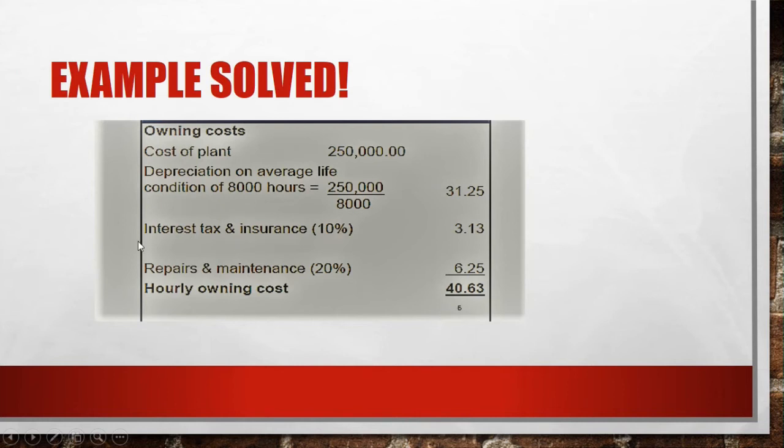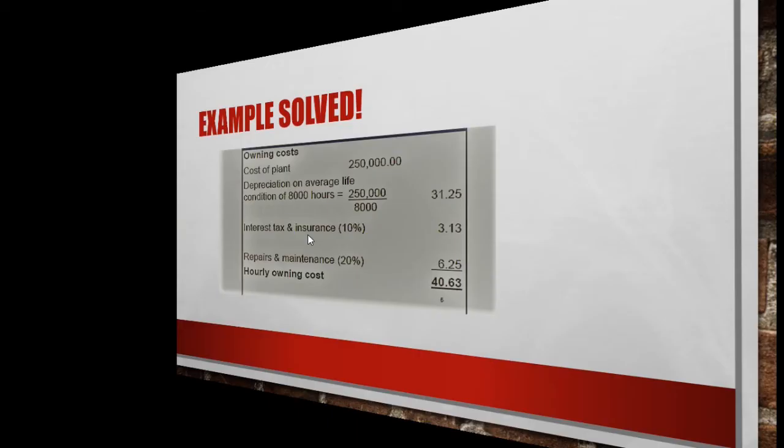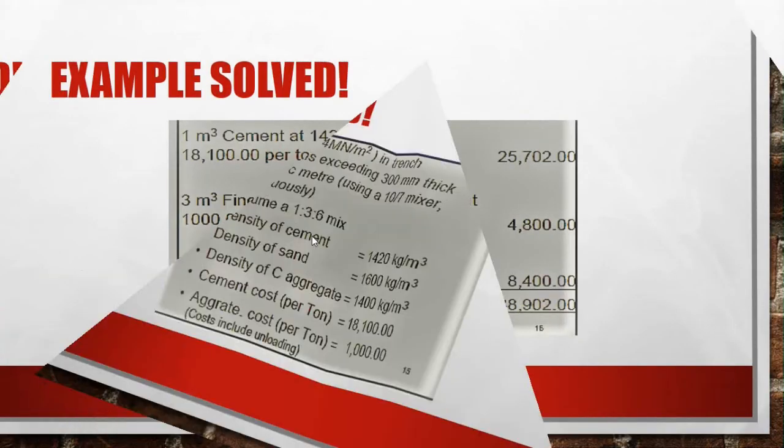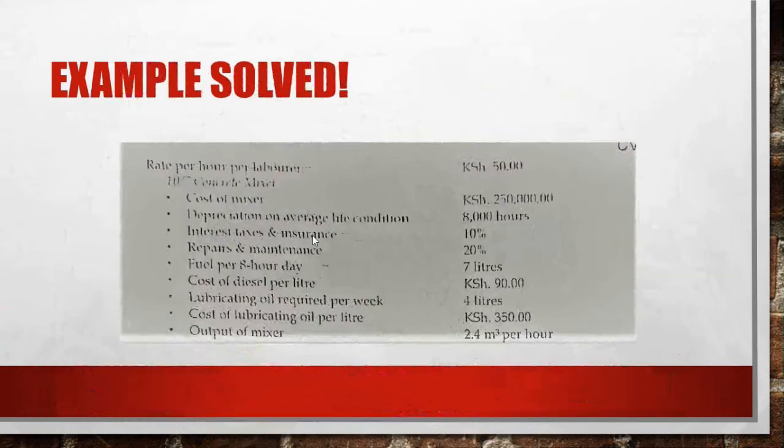We also have interest, tax, insurance, and we also have repairs and maintenance. The interest, tax, and insurance is given to be 10%, and repairs 20% of this.